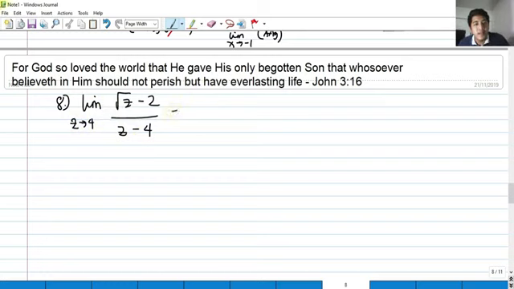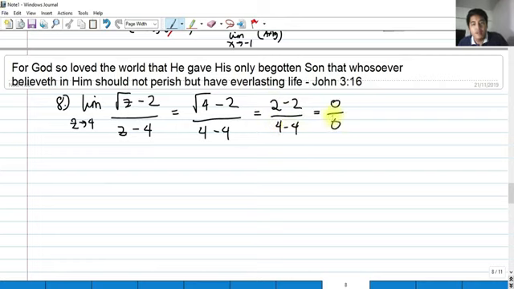Notice that if we substitute 4 directly, the square root of 4 minus 2 over 4 minus 4, the square root of 4 is 2, minus 2, over 4 minus 4. So we would be having an indeterminate form, which we cannot allow. So we must do something first before we evaluate the limit.